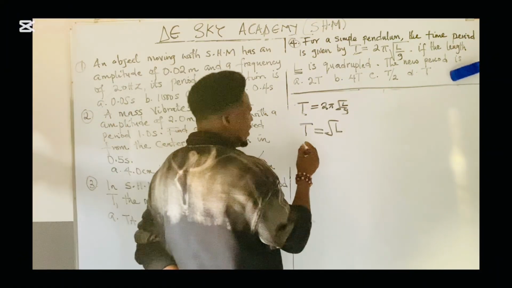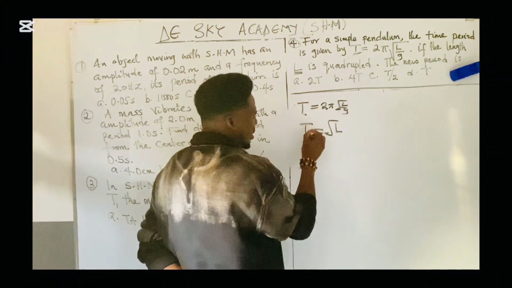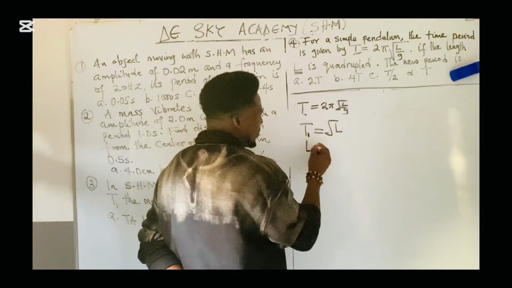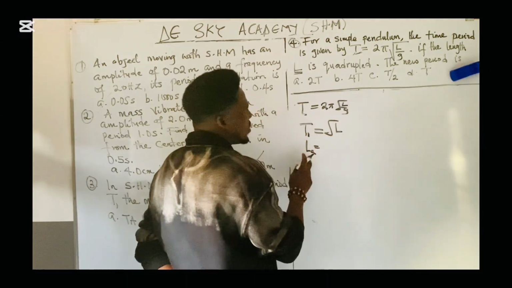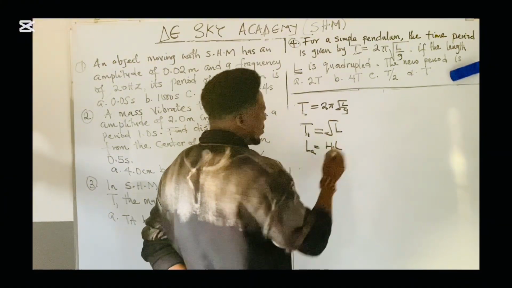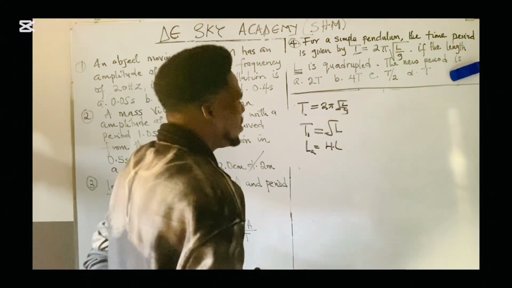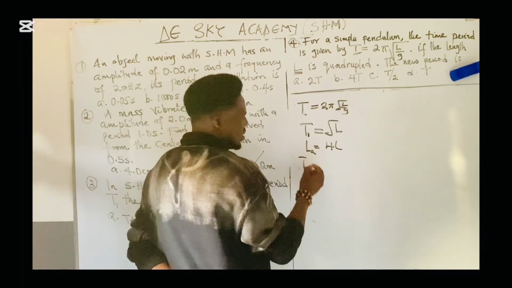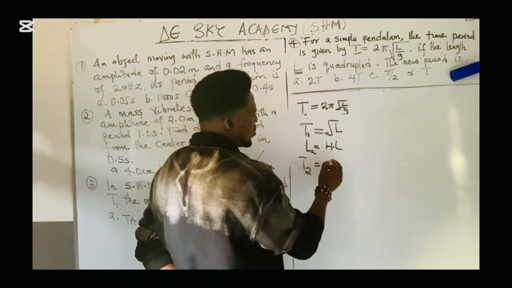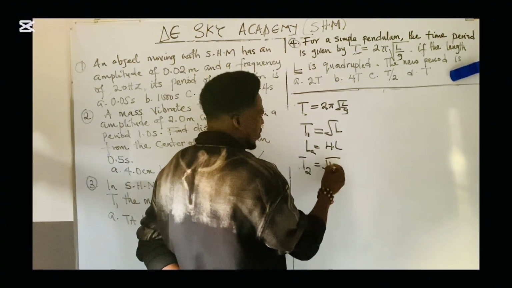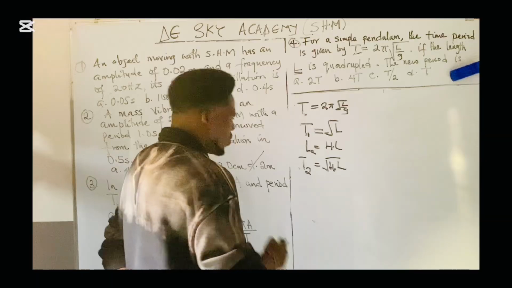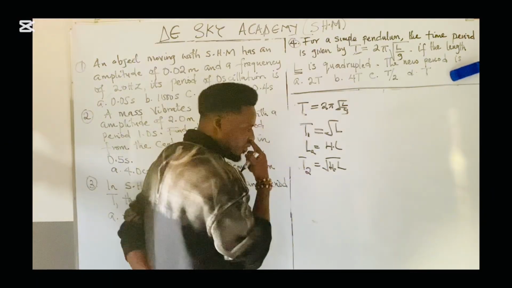Let me call this one T1. They say if length, which is L2, is quadrupled, that means 4L. What will be the new period, which is T2? T2 will now be equal to square root of 4L. What is the square root of 4? 2.